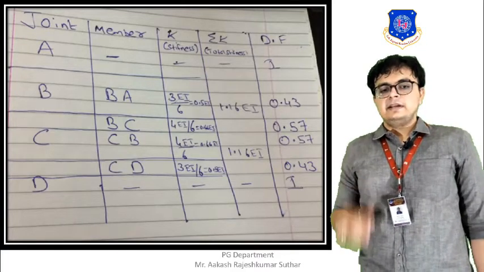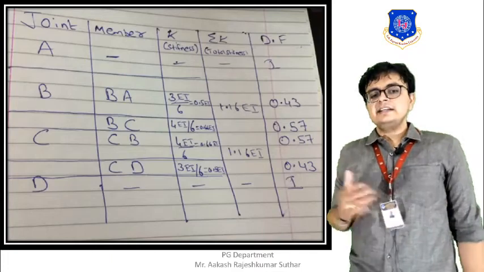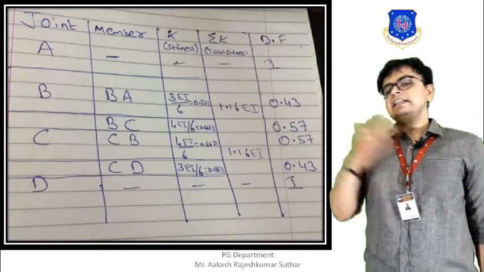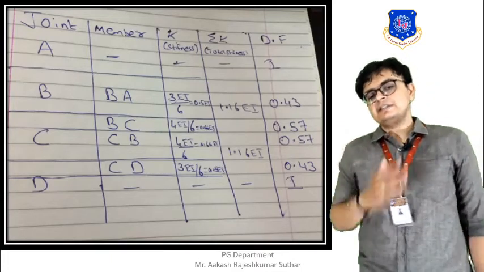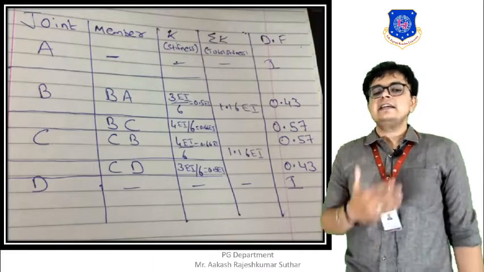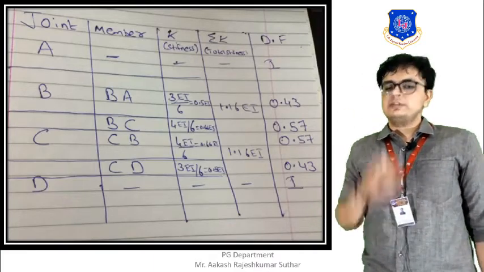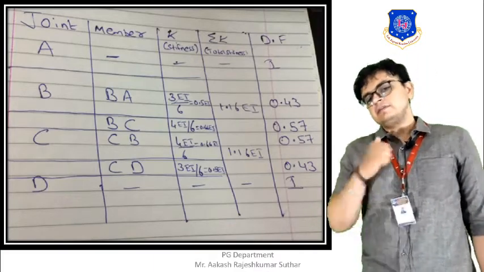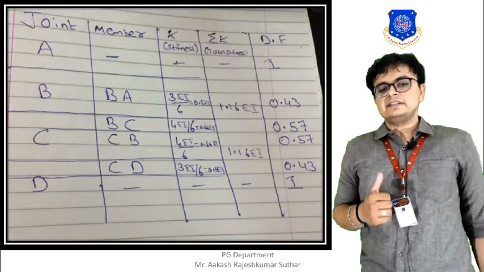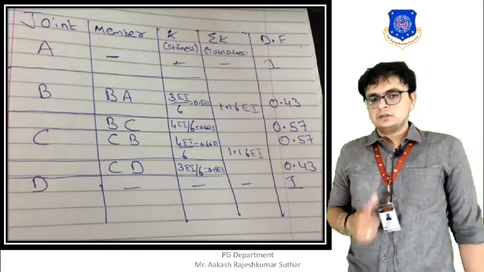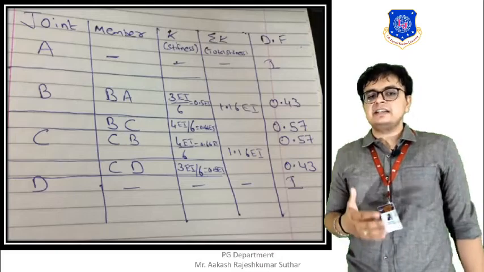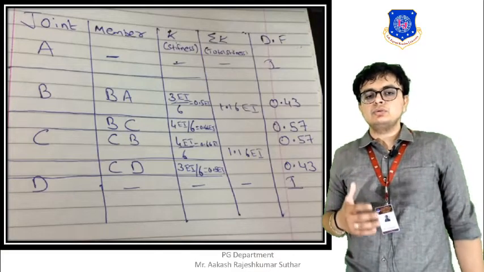And in CD, this means that D is hinged and C is fixed, so the far end is hinged. In that condition we will take 3 EI by L, that is 3 EI by 6, that is 0.5.